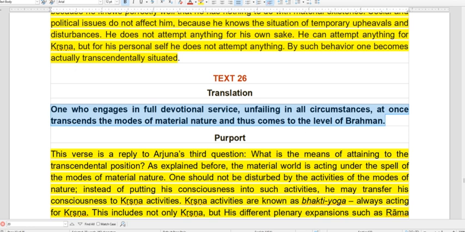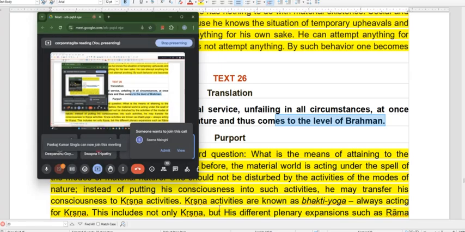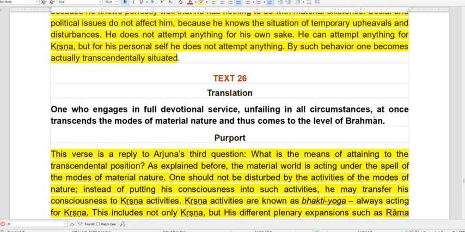So, Krishna says here that if one is doing pure devotional service, unfailing, without interruption, in all circumstances, he transcends the modes of material nature and thus comes to the level of Brahman. Brahman is a spiritual level.